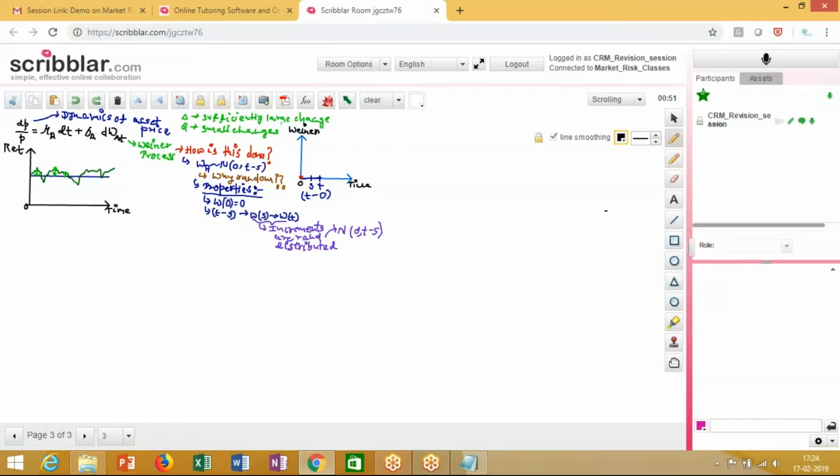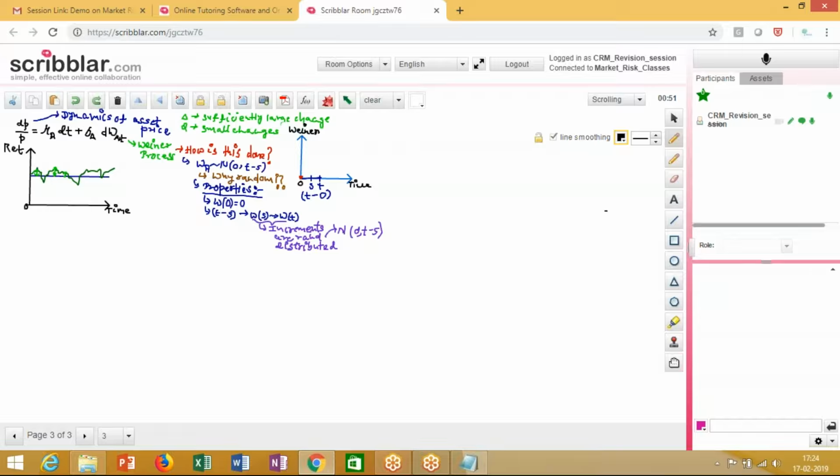So standing at t, you cannot backtrack s. While looking at s, you cannot predict what is going to happen to this variable value at t. So between two increments, no matter how small they are, the two realizations are identically and independently distributed. That is, they are random in nature.